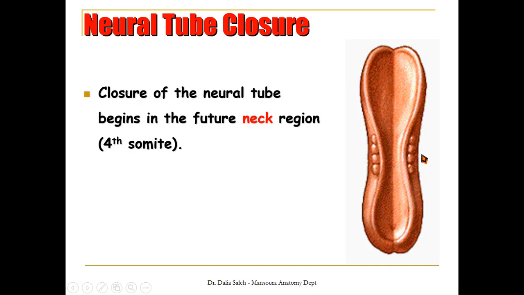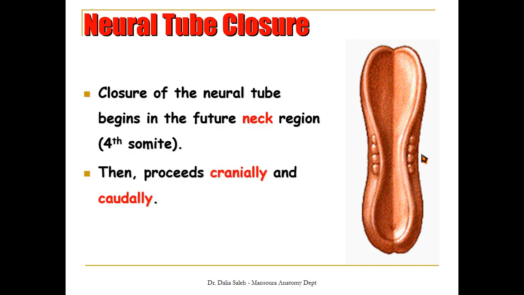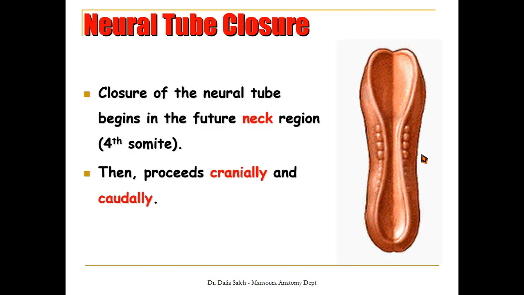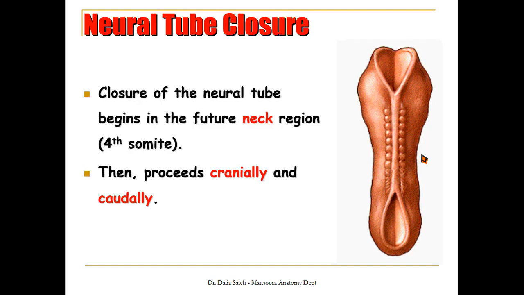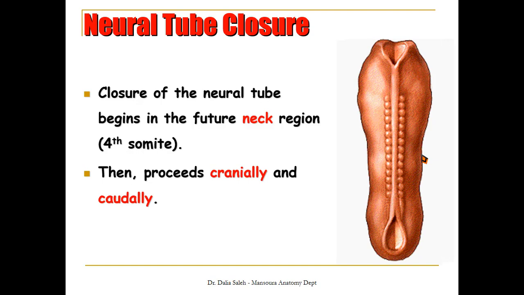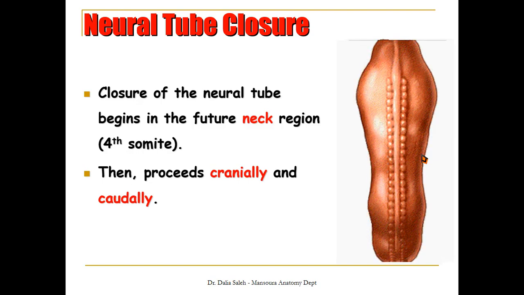So the closure begins at the fourth somite stage in the future neck region. Then the closure proceeds both cranially and caudally. And you notice that the somites increase in number with the progress of the age of the embryo.